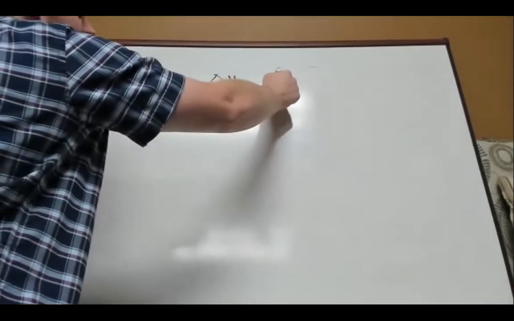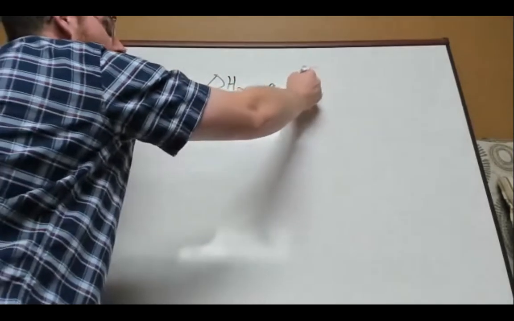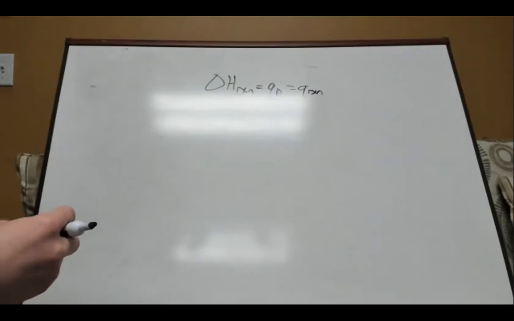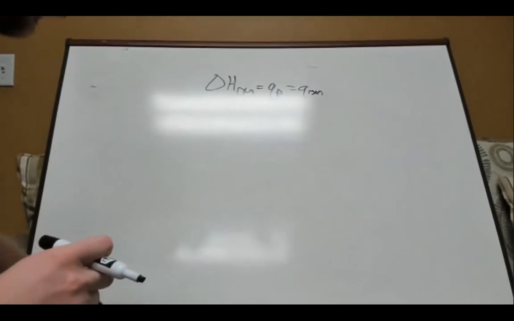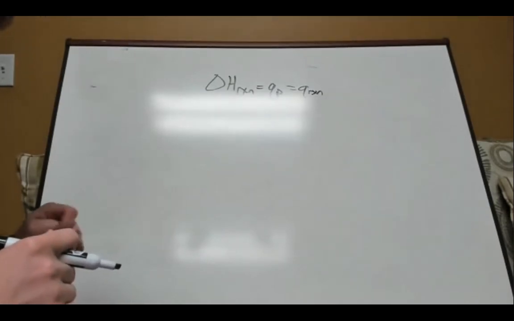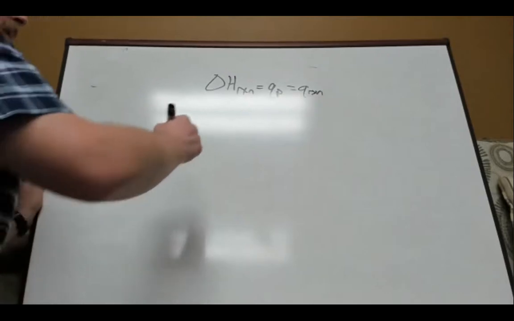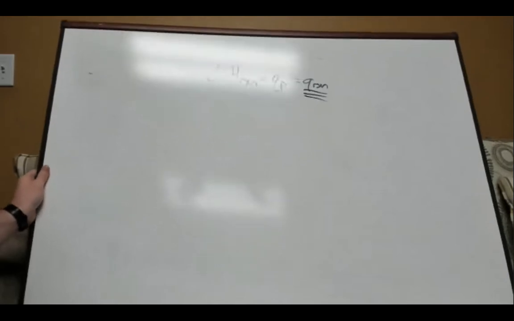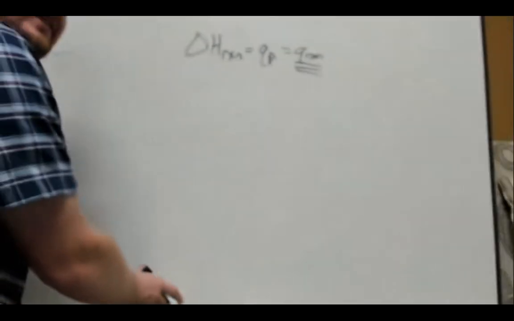And we already said that it equals QP, and so then we can assume that it's going to equal Q of the reaction. Now, this is Q of the reaction. In a coffee cup calorimeter, let's go and set this up.